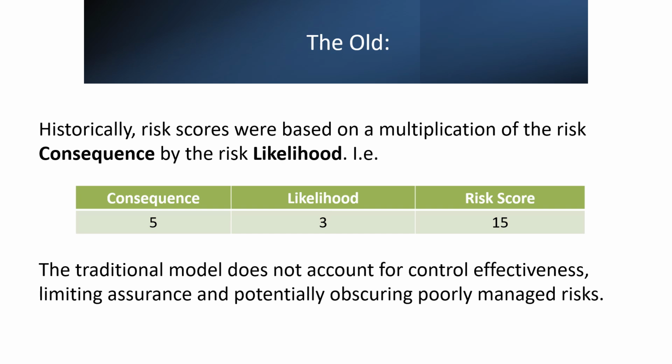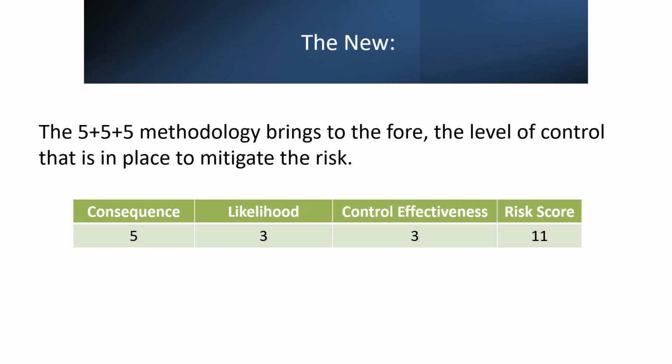In the old model, you would simply times the consequence by the likelihood to produce a score ranging from 1 to 25. That doesn't tell us enough about whether we're really in control of the risk. With the 5 plus 5 plus 5 methodology, we're asking what the consequence might be, how likely it is to materialize, and how well we are managing it.